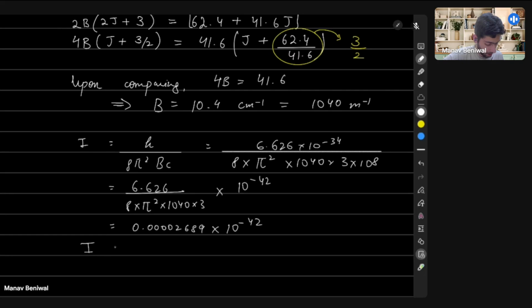So therefore we can write I to be roughly equal to 2.7, so 1 2 3 4 5 into 10 to the minus 47 kg meter squared.